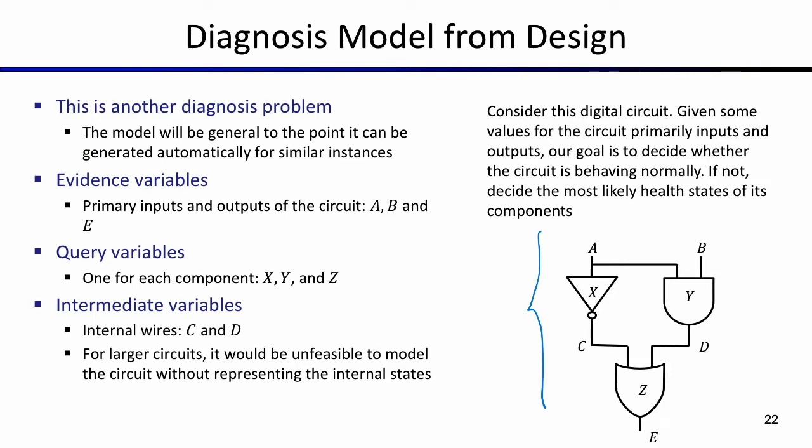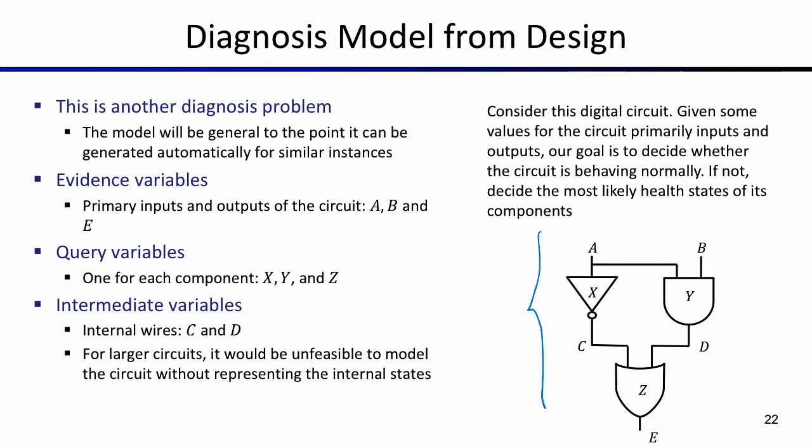So consider this digital circuit, given some values for the circuit primary inputs and outputs. Our goal is to define whether this circuit is behaving normally, and if not, decide the most likely health states of its components. So we have here three components, and we want to understand if those components are working or not. So we have to model this.